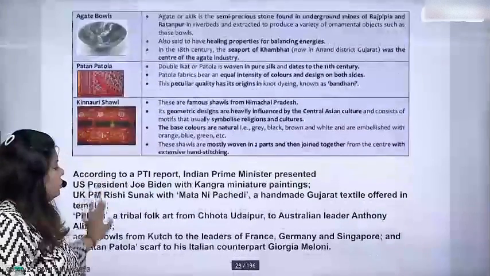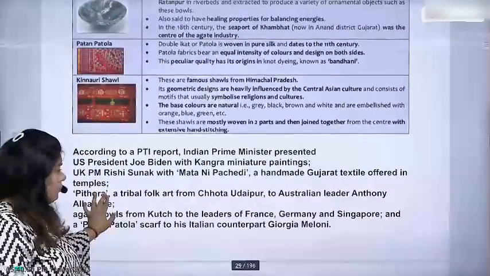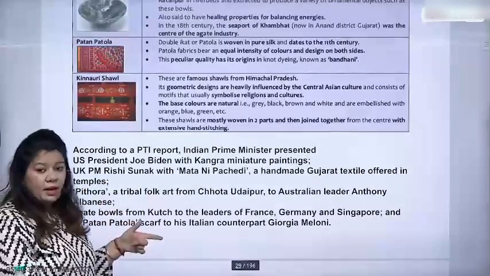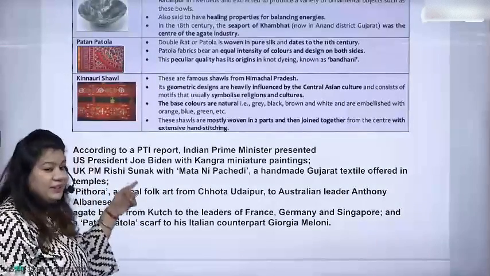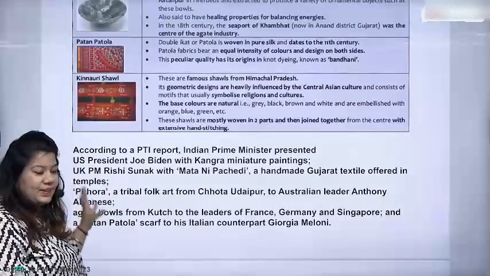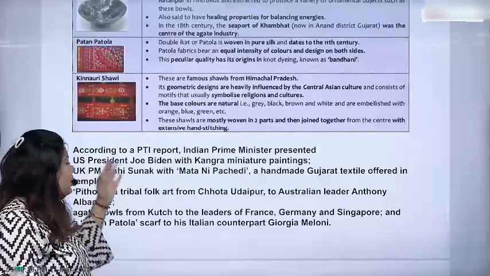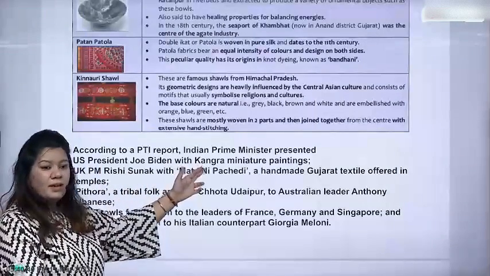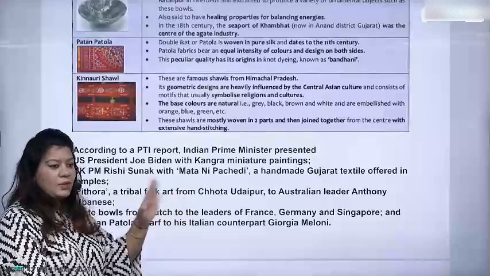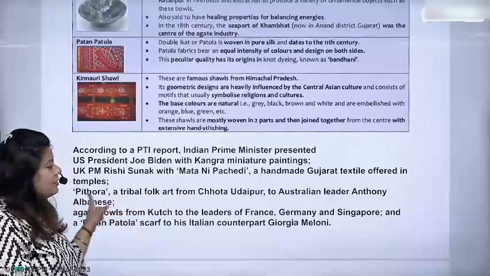You never know that this question can also be given as a statement or information कि किसको क्या मिला. For example, the Indian Prime Minister gifted US President Joe Biden with Kangra miniature paintings. You never know, na? That's why this is also important.